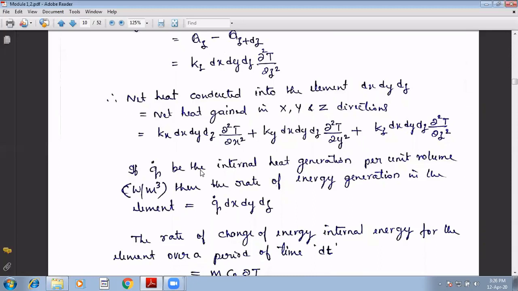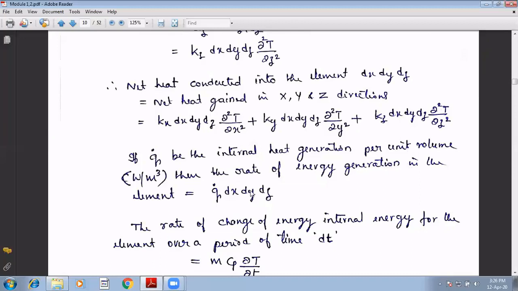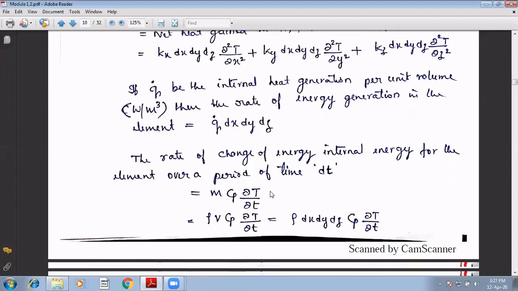Now, the second part is the amount of heat generated. Assume q dot is the internal heat generation per unit volume. Please underline this: per unit volume. What is the total heat energy generated within the volume? It is q dot multiplied by the volume. What is the volume? dx dy into dz. So, the second term is over.